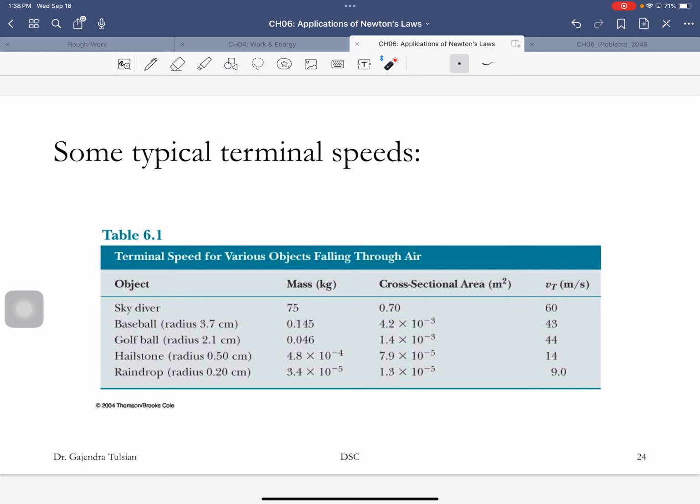And drag is a good thing in many situations. So for instance, a skydiver with this cross-sectional area of 0.7, falling flat like this, reaches about 120 miles an hour, a little more than 100. If it rained baseballs, the terminal velocity of baseballs would be 100 miles an hour.